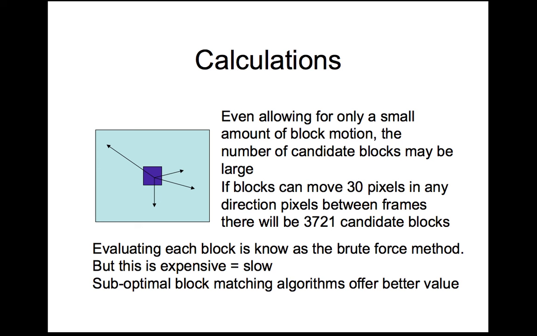That still gives you 3,721 candidate blocks that you have to evaluate. So evaluating each block is known as the brute force method. And that's expensive, which means it's slow.